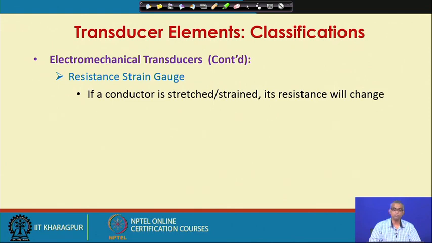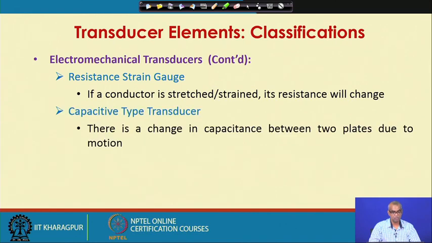Resistance strain gauge: if a conductor is stretched or strained, its resistance will change. So, this is the principle that resistance strain gauge uses. Capacitive type transducer: there is a change in capacitance between two plates due to motion. So, this is the principle that capacitive type transducer uses.